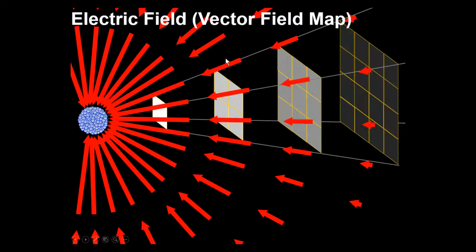So these arrows here are vectors, the length of the arrow representing the magnitude, how much force, and of course where it's pointing would be the direction. So these vectors could be used to describe the space surrounding all that charge.